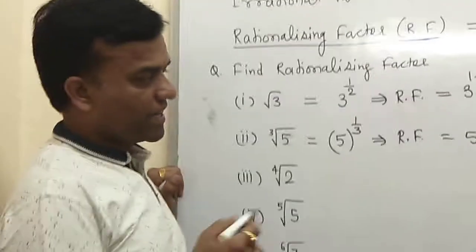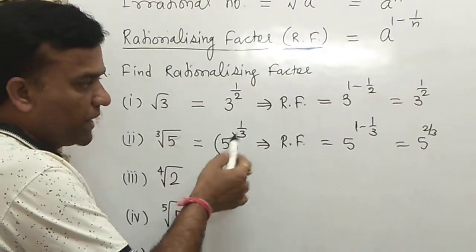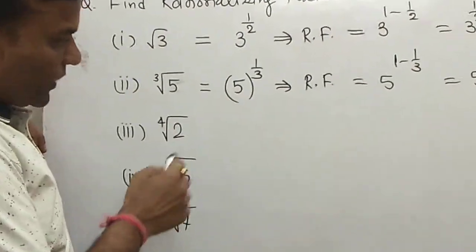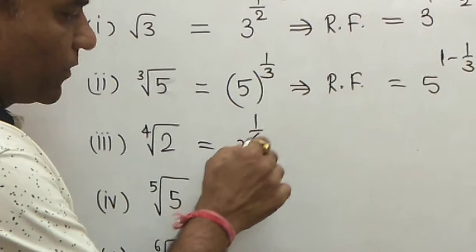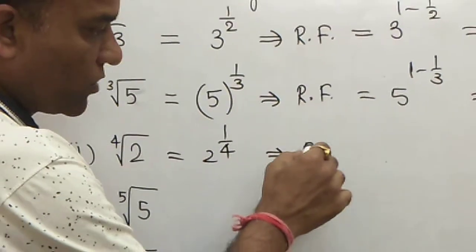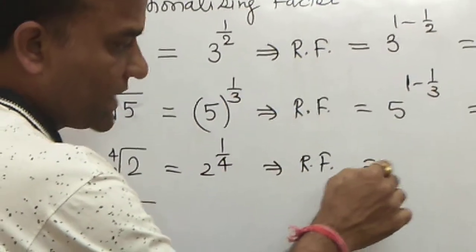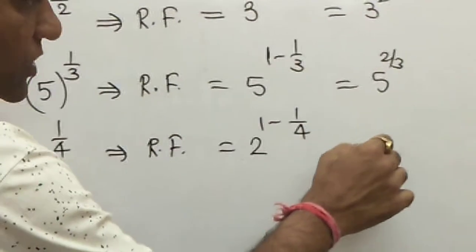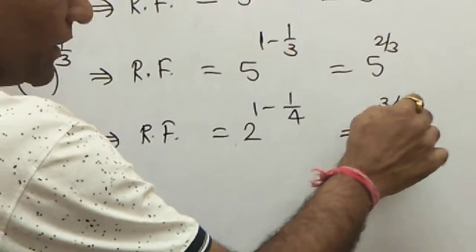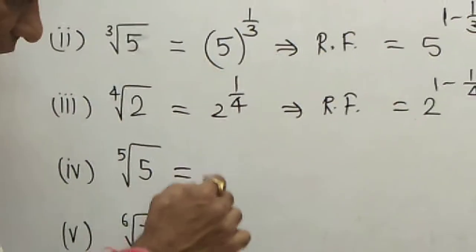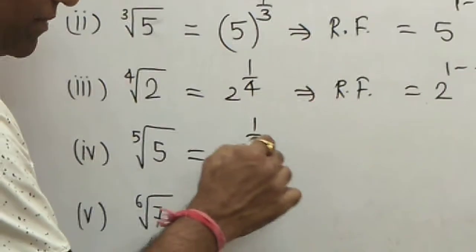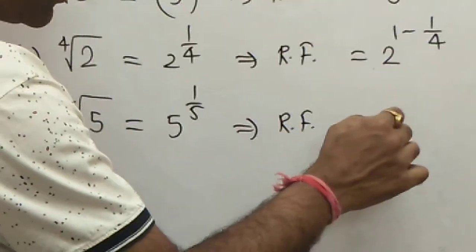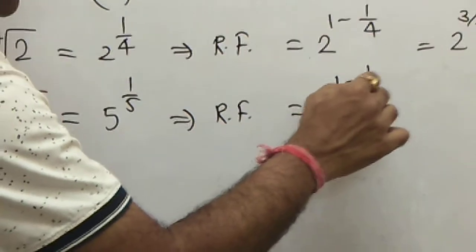Not the same now, because there is 5 to the power 1 by 3 and the rationalizing factor has power 2 by 3. Now the same question but with a different power: 2 to the power 1 by 4. Similarly, the RF is 2 to the power 1 minus 1 by 4, that is 2 to the power 3 by 4. Similarly, another question: 5 to the power 1 by 5, and then you write the RF, that is 5 to the power 1 minus 1 by 5.